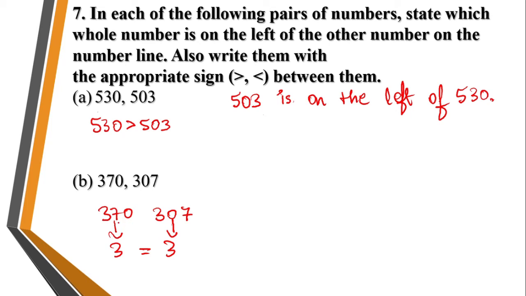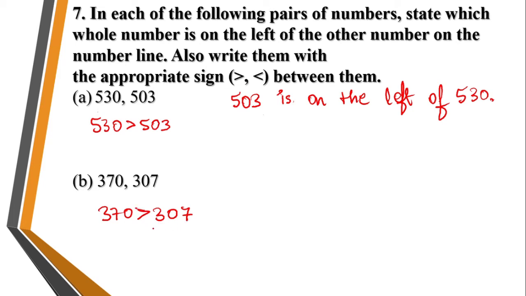Now in the first number it is 7 and in the second number it is 0. Now if we compare 7 and 0, 7 is greater than 0. So in which number do we have 7 as the next digit from the left? In 370, right? So we can say 370 is greater than 307.